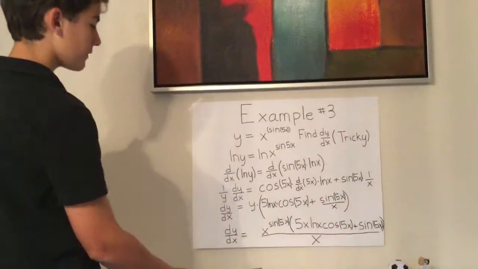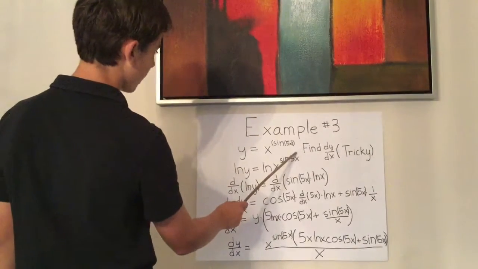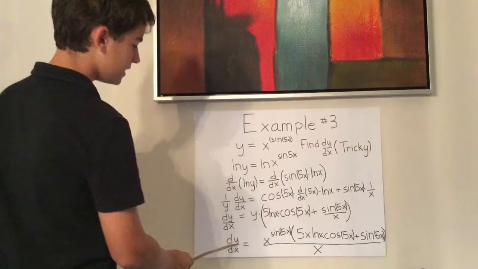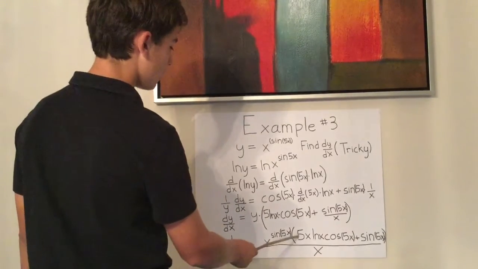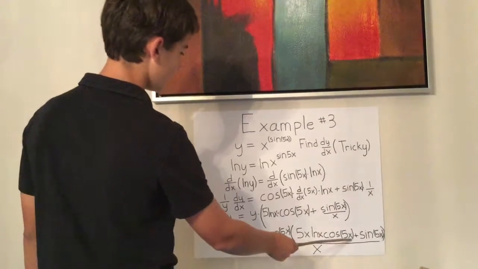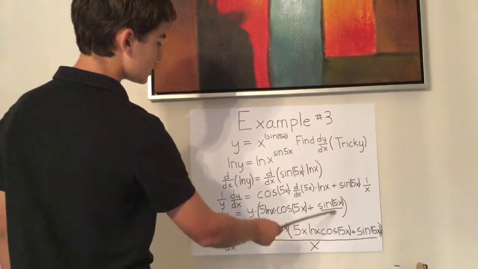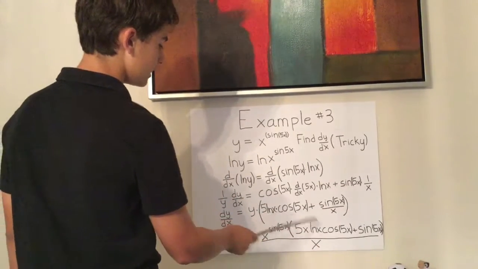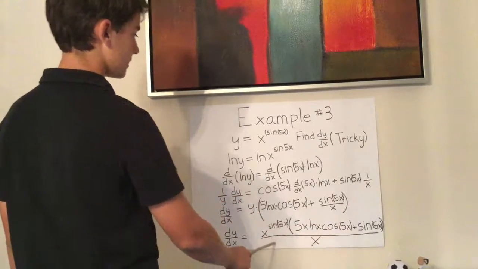Now, when we simplify everything, we turn the y into the original function, since we've already had y defined for us, and we get dy dx is equal to x to the sine of 5x, which is y, multiplied by 5x ln of x cosine 5x, plus sine of 5x all over x, since we distributed the x to this function in order to give them all a common denominator and have a simplified answer.